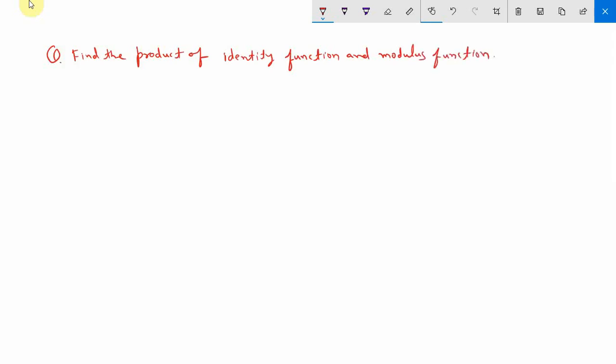Okay, so under the special types of function, we have already discussed identity function and modulus function.